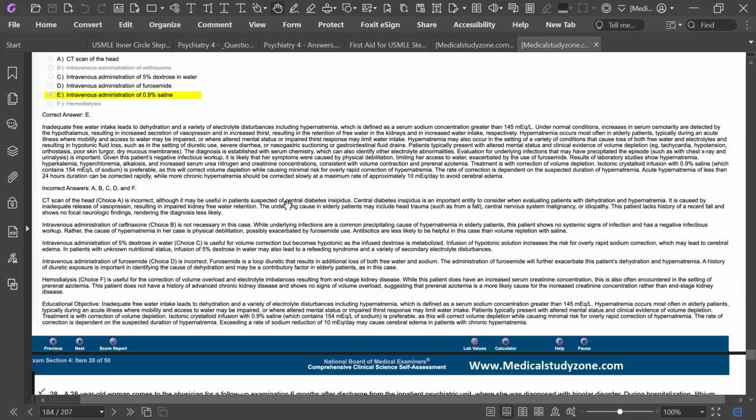In patients with unknown nutritional status, infusion of 5% dextrose in water may lead to refeeding syndrome and a variety of secondary electrolyte abnormalities. This patient's sodium is way above normal, more than 10 milliequivalents more than the normal.